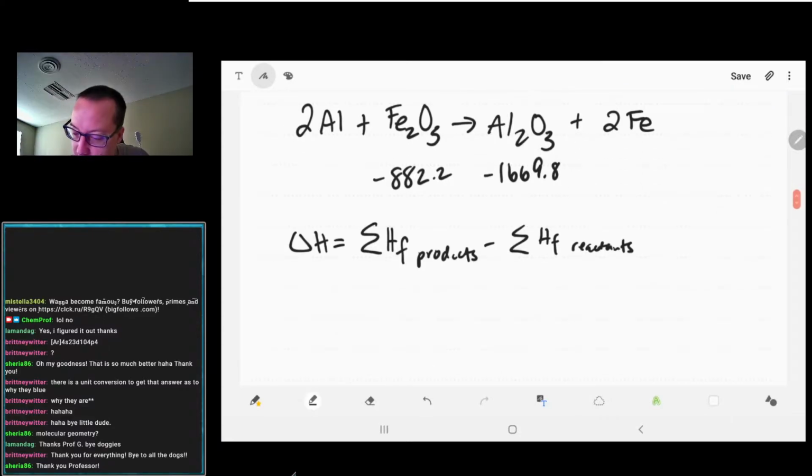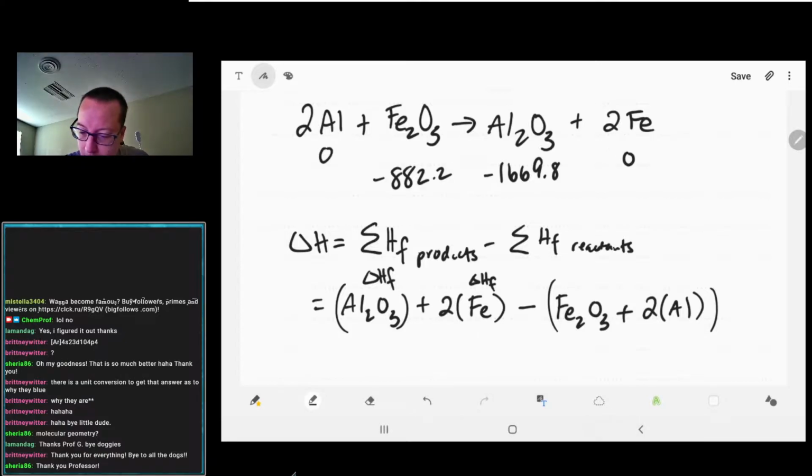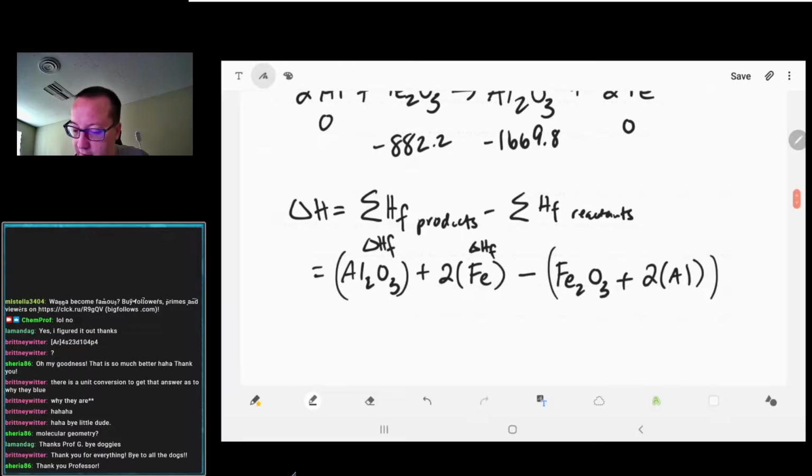So technically for this reaction, we would have the delta HFs for those, minus the one for iron oxide, iron 3 oxide, and 2 of the aluminums. Remember that these ones are 0 because they are in their normal state. So we just have to basically do the math here.